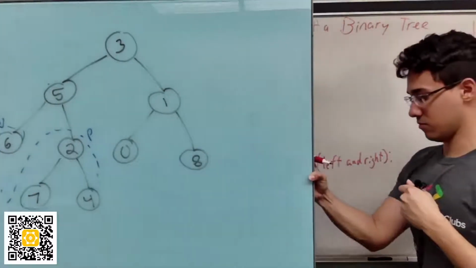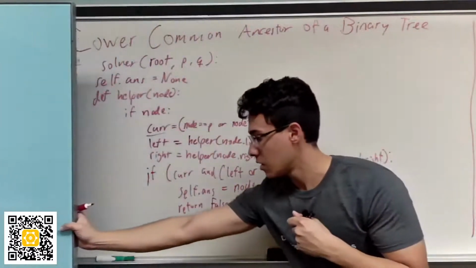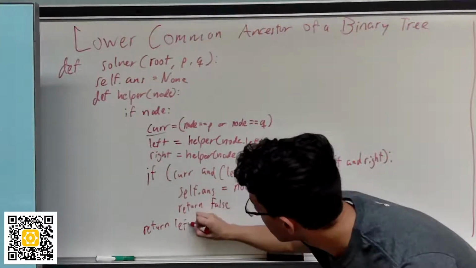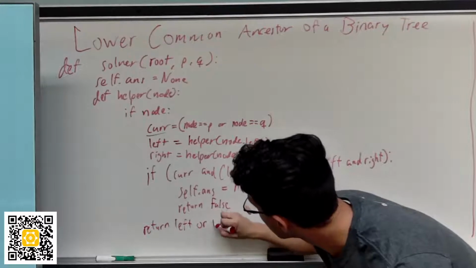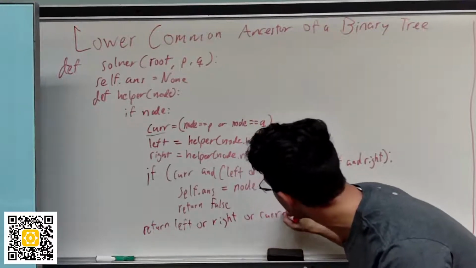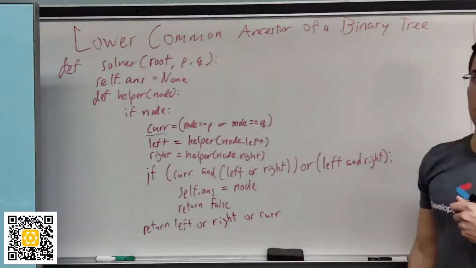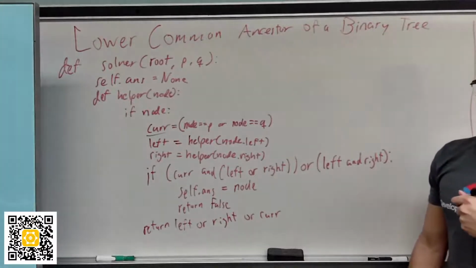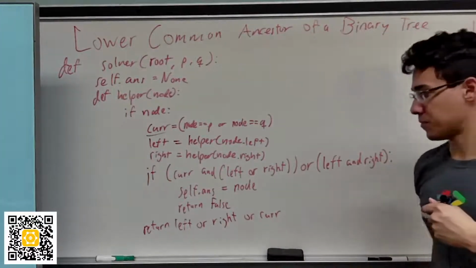We want to let the parent know, hey, I've seen either P or Q in this subtree. Also, the current one might have P or Q, or may not.